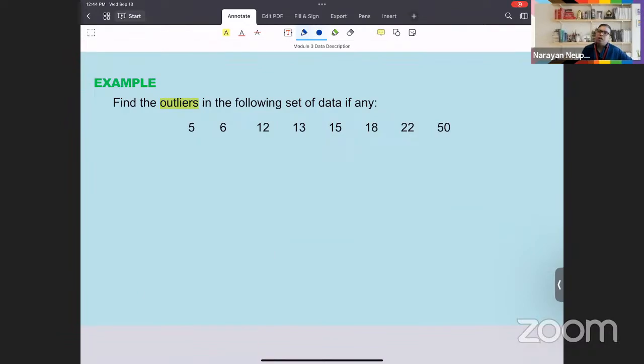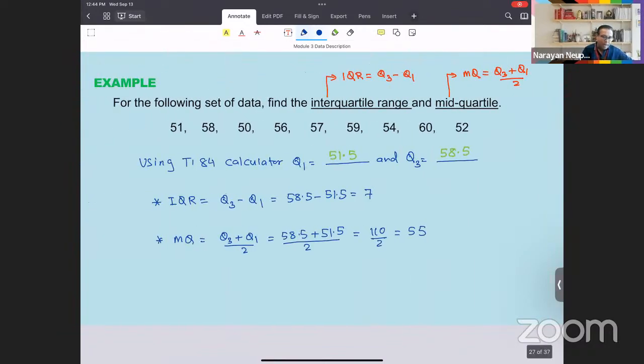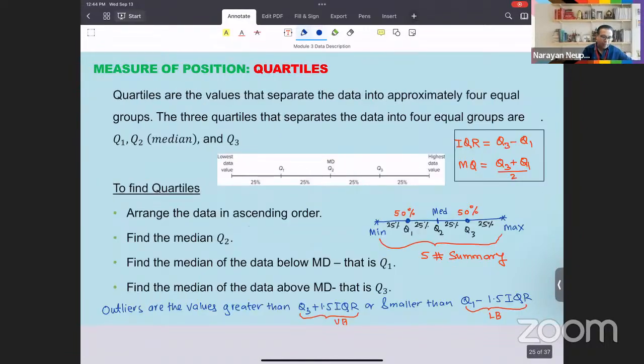And if you remember, in order to find the outliers, you need the upper boundary, which is Q3 plus 1.5 IQR, and you need the lower boundary, which is Q1 minus 1.5 IQR. You know how to find the IQR. IQR is Q3 minus Q1.